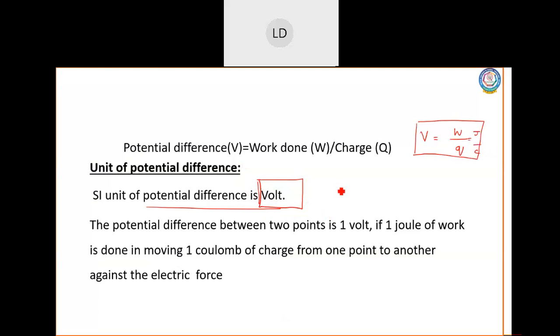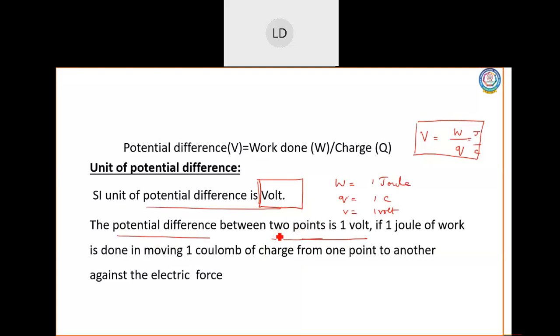Now let us take the work done as 1 joule. Now what is the amount of charge that is moved? It is 1 coulomb. Then the potential difference is said to be 1 volt. Look at the definition here. You never forget to mention this: whenever we talk about potential difference, it is between 2 points.